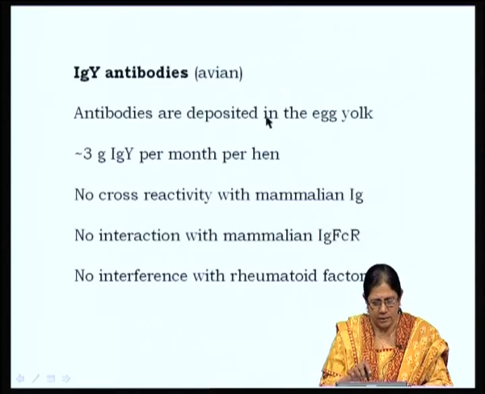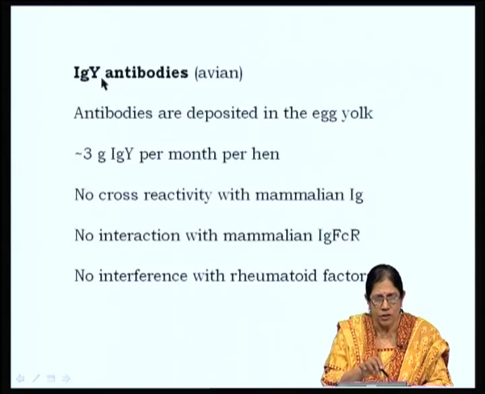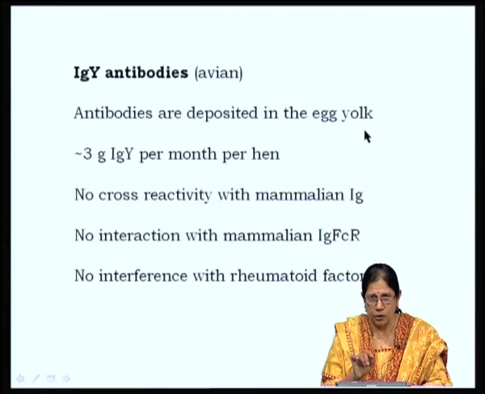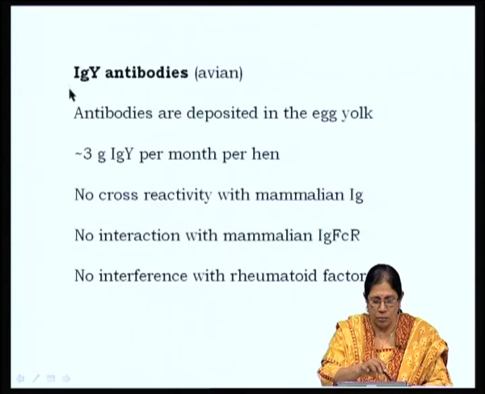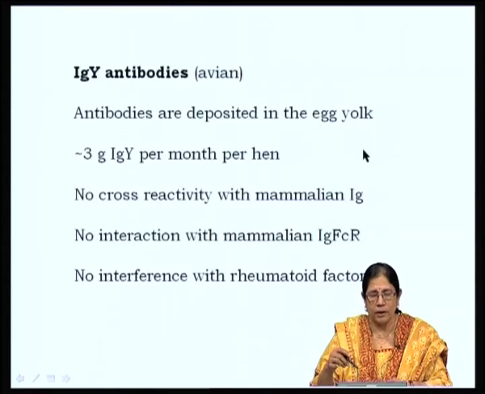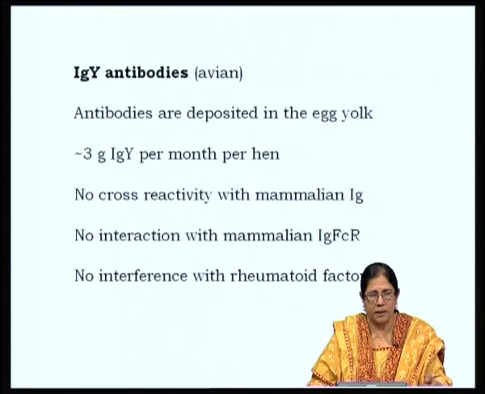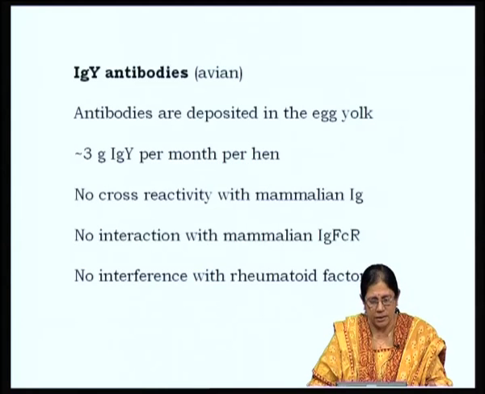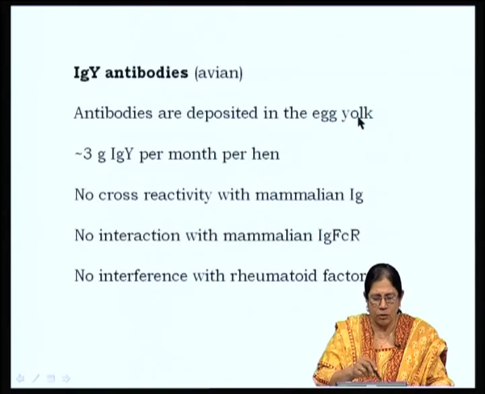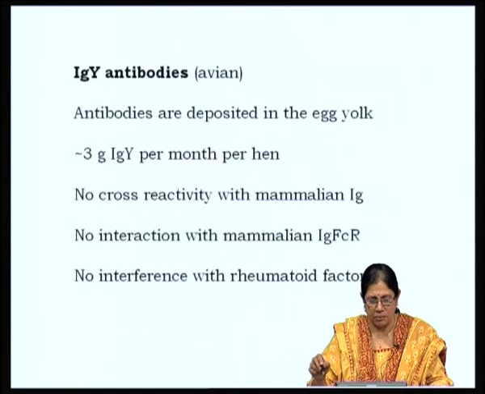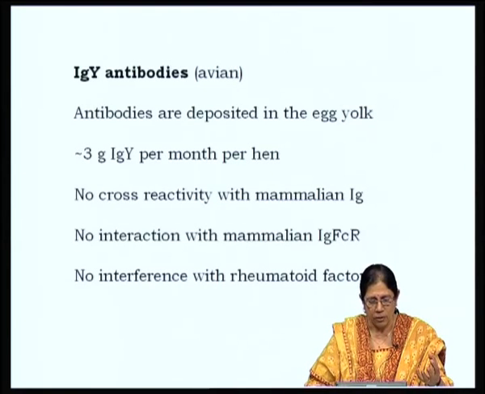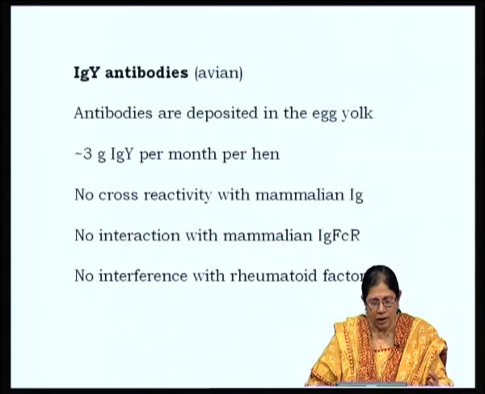Because in hen, it has been seen that circulatory proteins are deposited in the egg yolk. Therefore, when a hen is immunized or in a natural condition is exposed to pathogens, the antibodies that are generated are automatically deposited in the egg yolk. The immunoglobulins are taken across the oocyte membrane and deposited. Therefore, now the egg becomes a storehouse of these IgY antibodies.